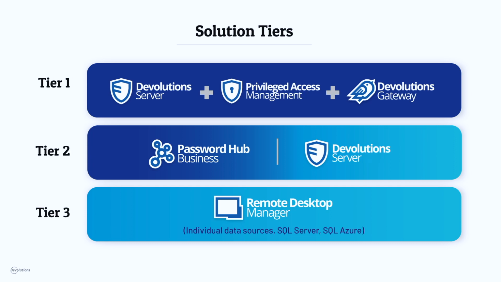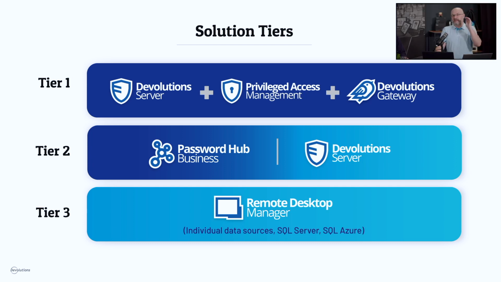Devolutions Server, obviously, and even local data sources. So RDM is once again that 1,000-bladed Swiss Army knife, that single pane of glass, that you use day in, day out. And finally, tier 1 is you combine the Devolutions Server with the PAM module and the gateway.